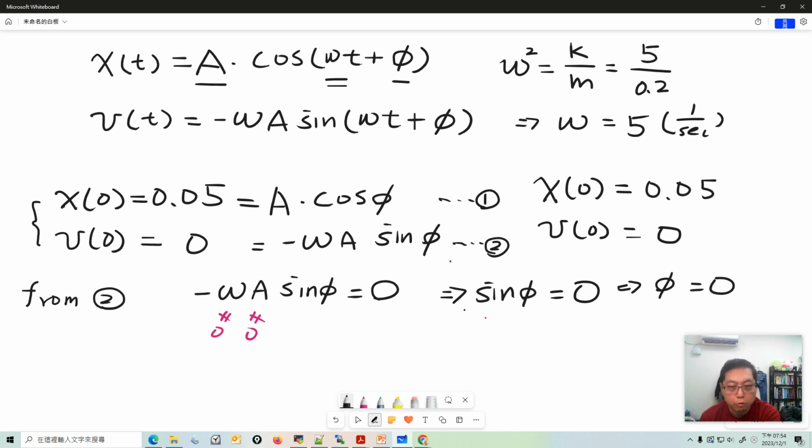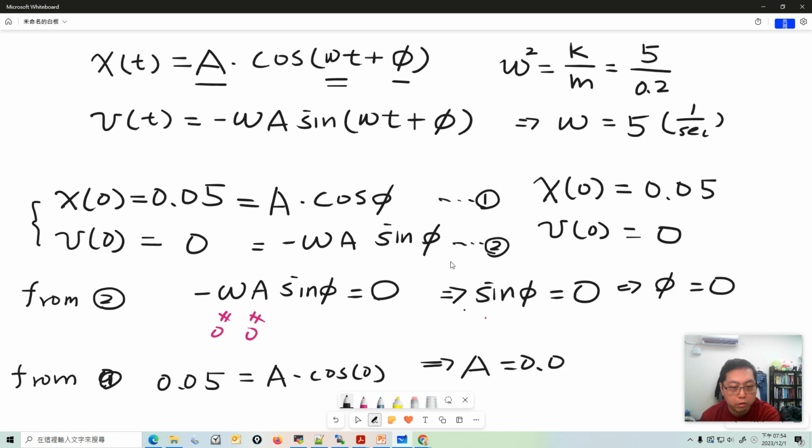With this result, we can back-calculate the amplitude. From equation 1, we will have 0.05 equal to A times cosine 0. Cosine 0 is 1, right? So we get A is equal to 0.05.